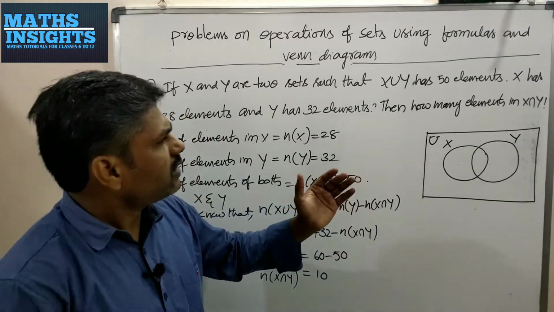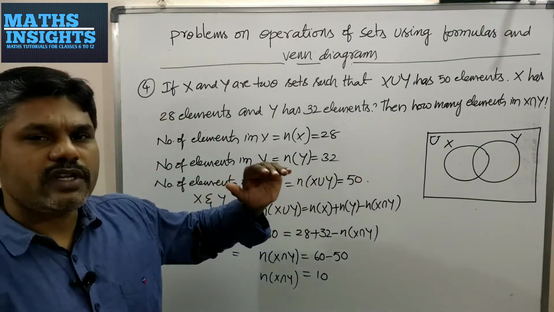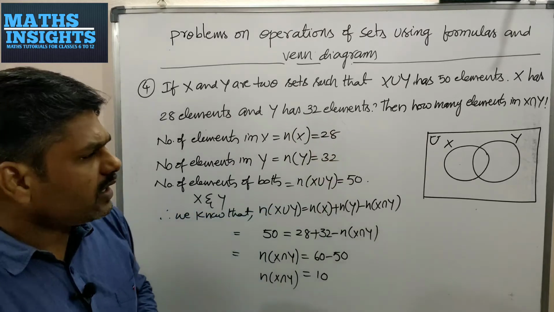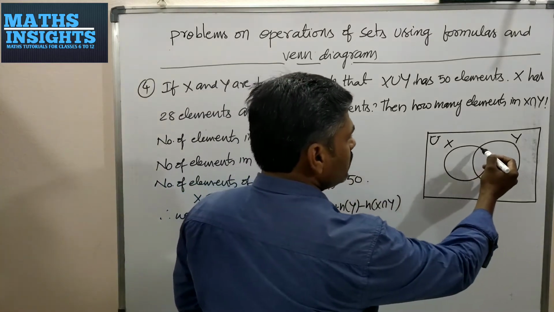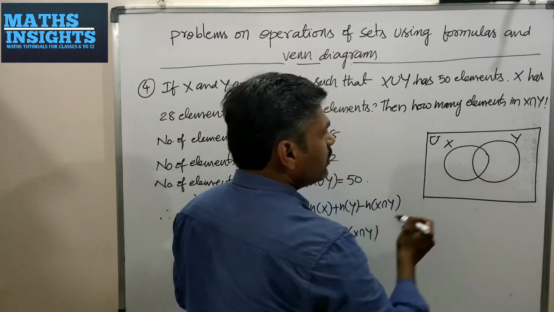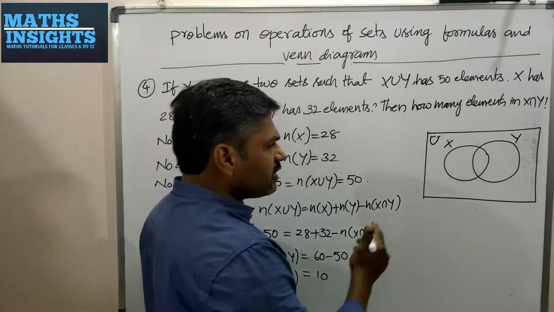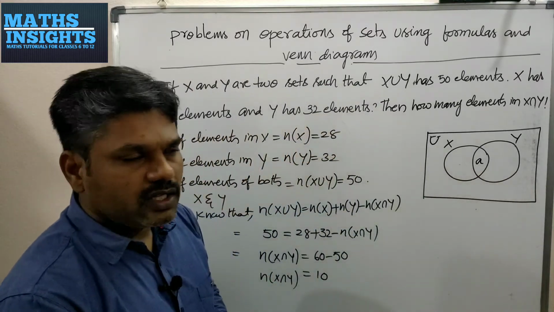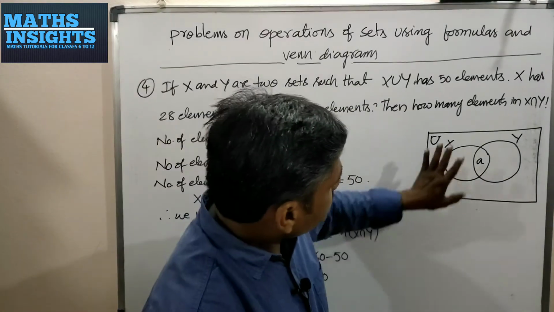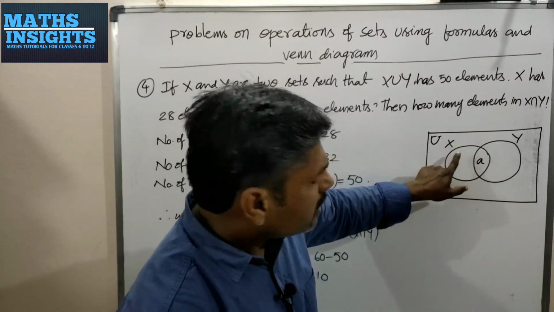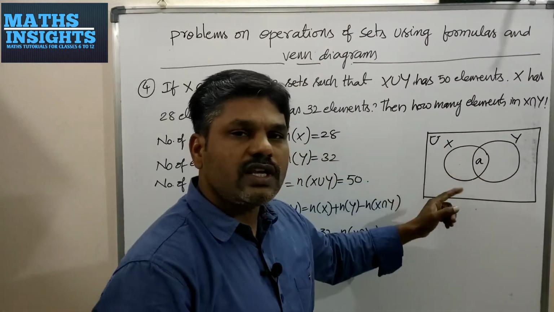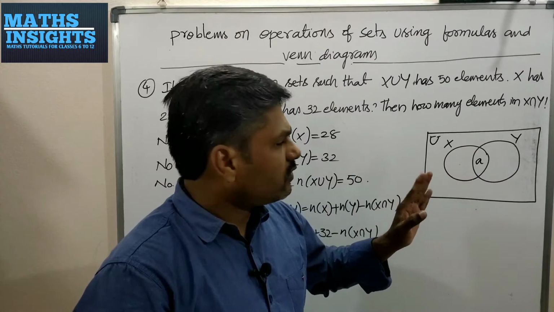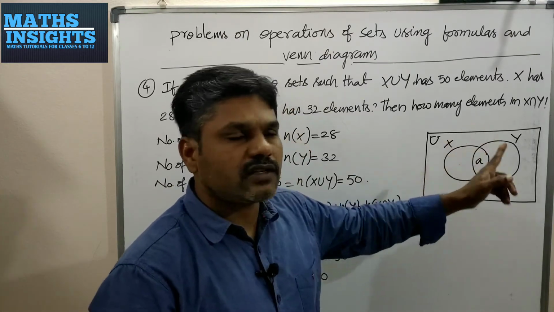What they are asking is how many elements are common to both X and Y. I will assume, see, this is the area which is common to both X and Y. Therefore let the number of elements in that area be a, then this area represents the number of elements only in X.